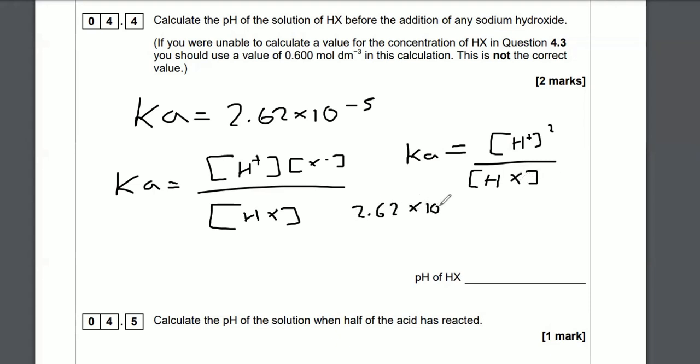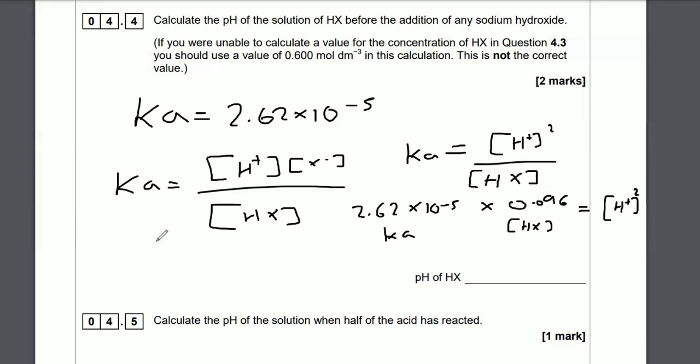So what we want to do is 2.62 times 10 to the minus 5, multiply that by HX, which is 0.096 mole per dm to the minus 3. So that's Ka times HX, which gives us H plus squared. Now we want to get rid of the square, so we square root both sides.